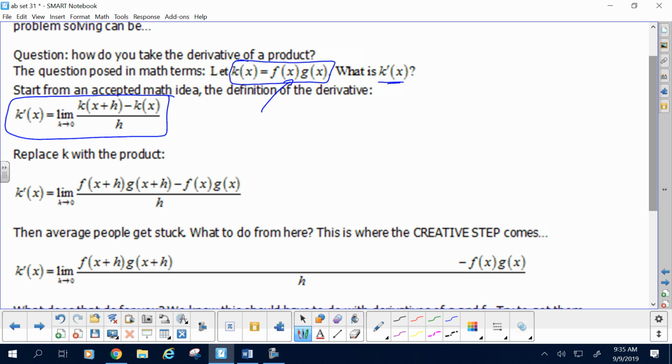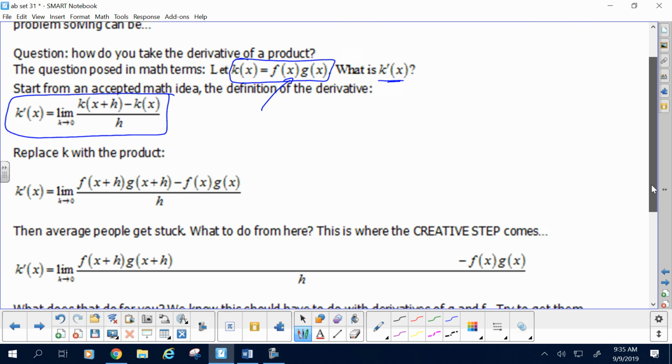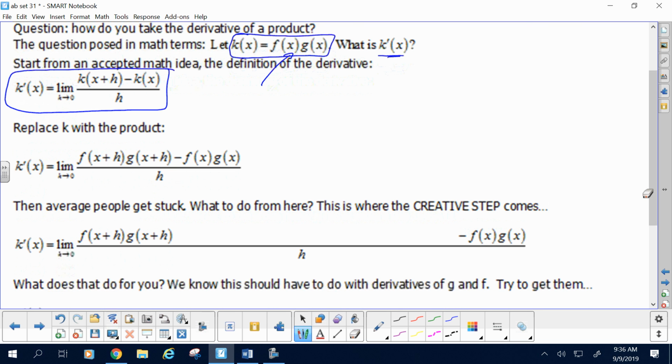All right, now let's get more into this. Let's replace k with the product. k of x plus h is the same as f of x plus h times g of x plus h. And k of x by itself is f of x g of x, and then h stays h, and the limit stays the limit. Now, for a middle level intelligence like me, I would then get stuck. I'd say, I don't know what to do.